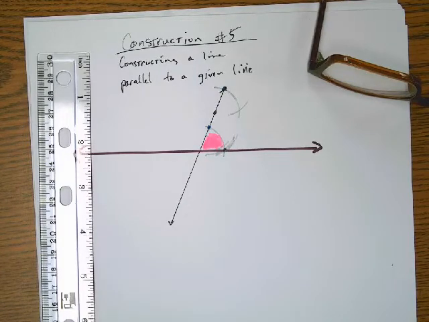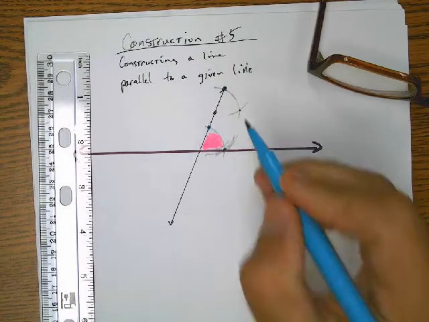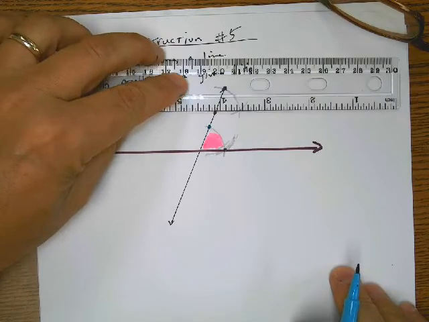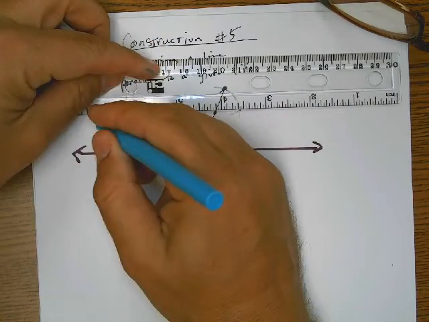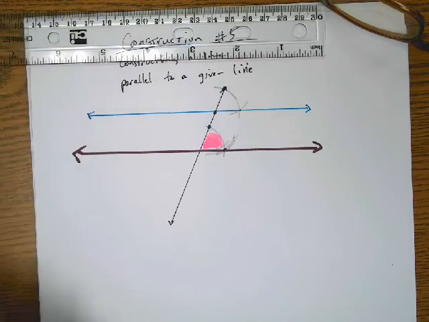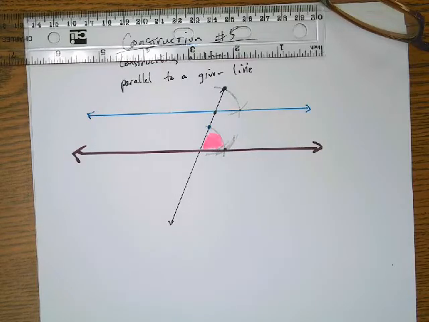Copying an angle. This point of intersection then, use my straight edge like I'm in kindergarten and I connect the points. Do they look parallel, Caden? Yeah. Close, right? It does look like this goes up a little bit, but as long as you have the proper arcs, I'm going to give you full credit for it.